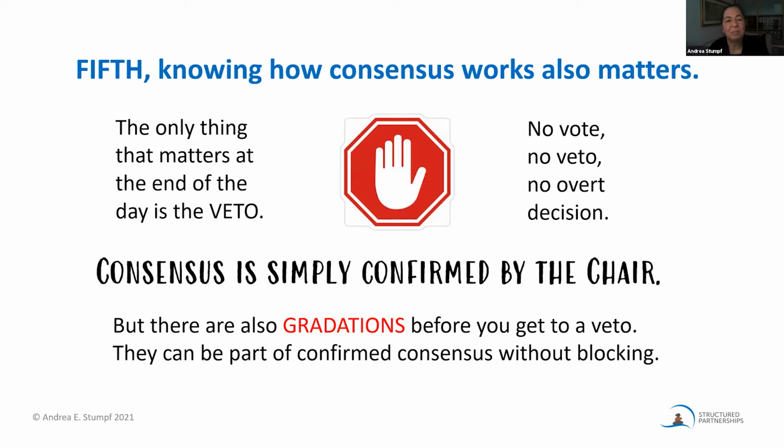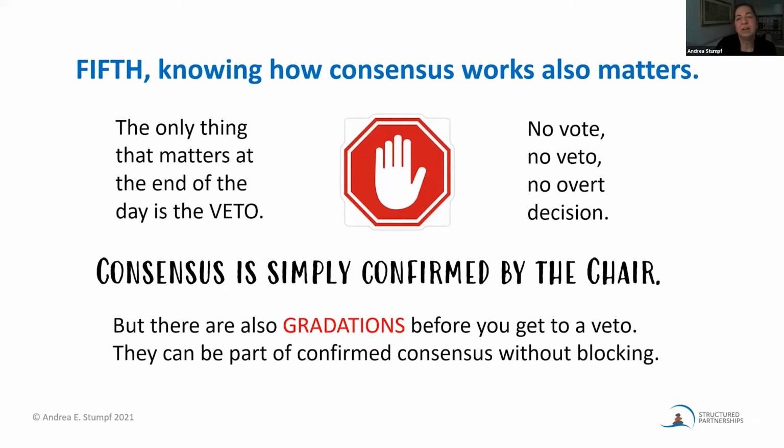So consensus happens in that the chair may be sitting around at the table and the partners finish discussing, and the chair says, okay, it looks like there are no objections here, so it's approved. Let's move on to the next agenda item. Or, I think we have consensus, so I think we can just move on and take this as approved.